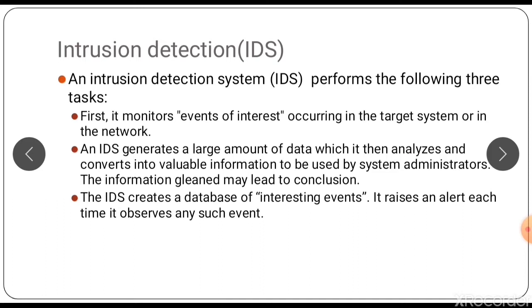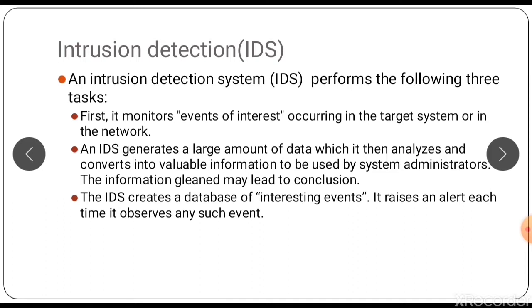The IDS creates a database of interesting events. It raises an alert each time it observes any such event. For example, it might be programmed to raise an alert if more than 70% of the packets that arrived within the last 10 minutes arrived from a never-seen-before IP address.